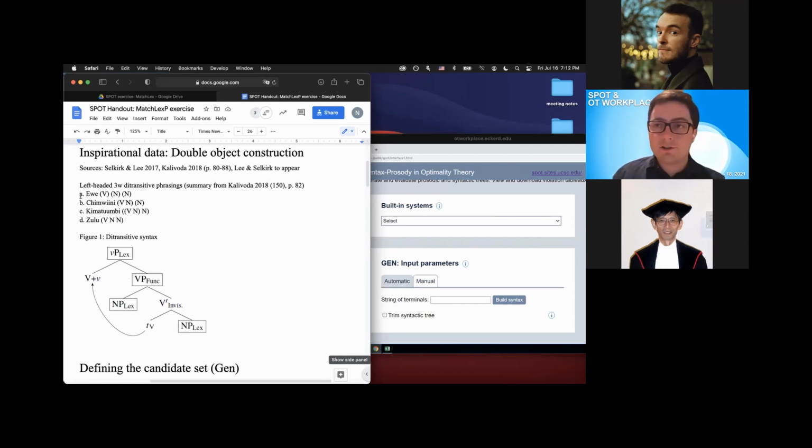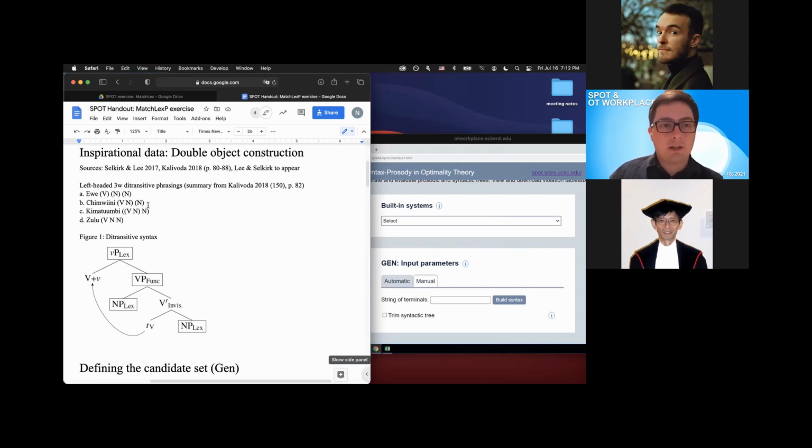But if you look across different languages at how they actually prosodically phrase the ditransitive structure, Nick Kalavoda in his dissertation showed that although you get a bunch of different patterns, you never have a pattern where the two nouns are in a single phonological phrase by themselves without the verb. So you can get a pattern like Ewe, where each word is in its own phonological phrase.